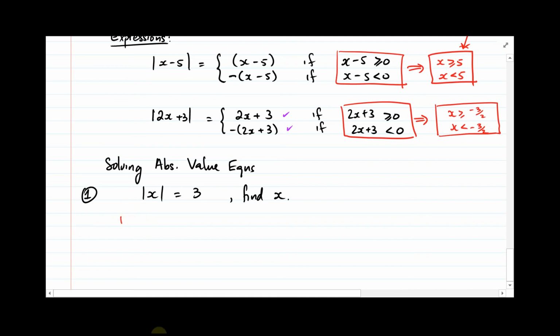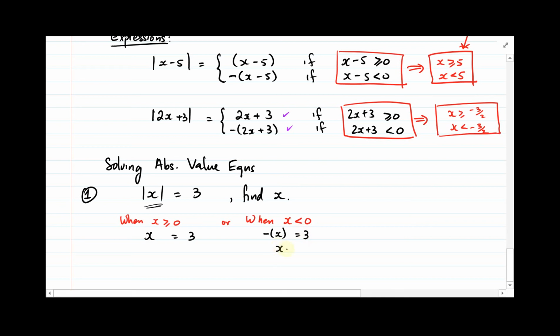We have when or if x is greater than or equal to 0, then we would have just plain old x. Or the second case, when or if x is negative, then if I look at the absolute value, I would change it to the negative of whatever is there, equal to 3.